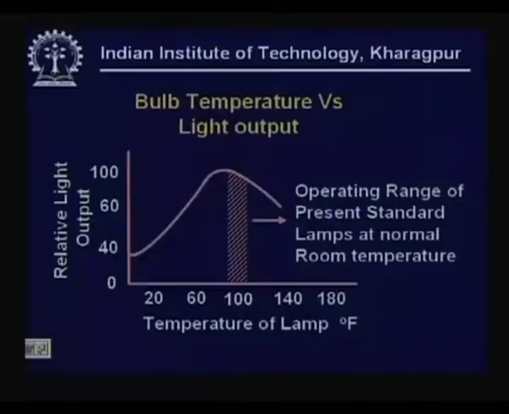It is around 25 degrees centigrade. Now, you look at this, it is around 100 degree Fahrenheit, which would come around 35 to 36 degrees centigrade. So, in terms of the gradient with the normal temperature, it is also not very high.